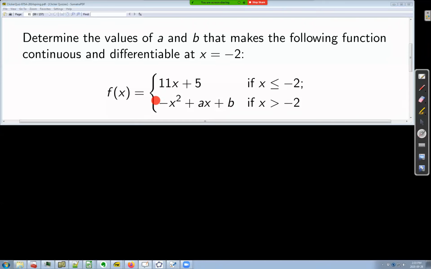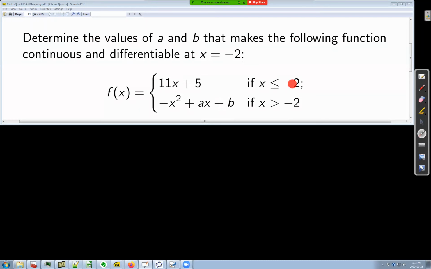So it's a piecewise defined function, and it's got a couple of unknown values, a and b. And so it says determine the values of that a and that b that make the function continuous and differentiable at x is equal to -2.